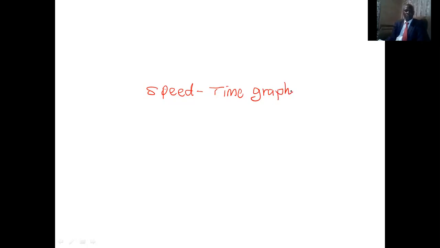And then the second part is to draw the actual graph and label it. So it has the y-axis, which is a straight line, and then the x-axis.